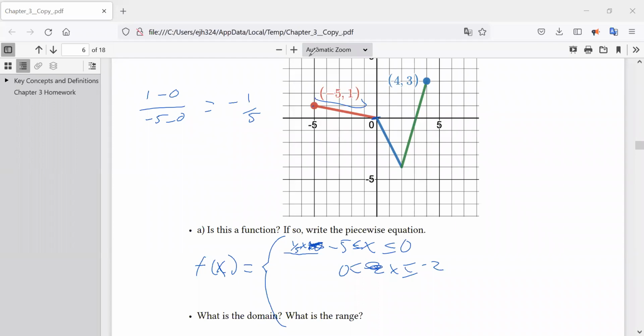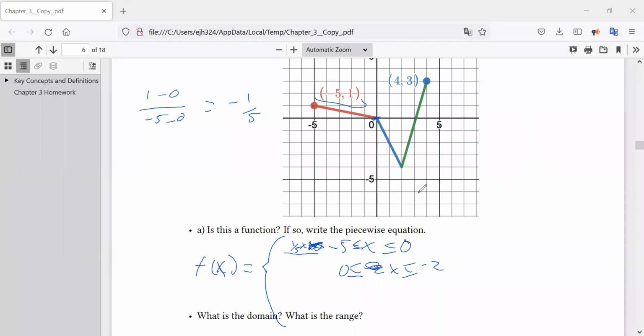Is that because we're only including the equals to 0 in one of those equations? So typically you only include it in one of these ranges. It kind of doesn't matter here as long as it's included in at least one of them, because they actually don't contradict. They meet here.